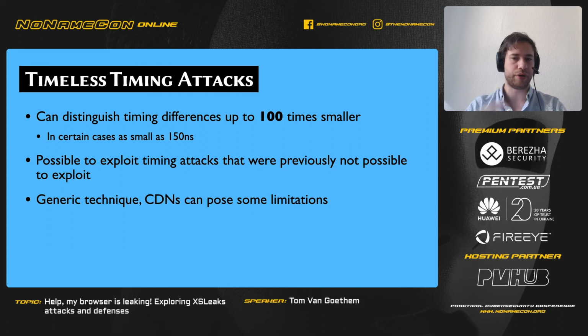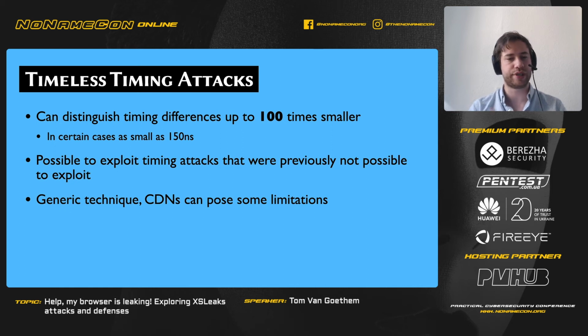So why would we need these timeless timing attacks? The interesting, exciting thing about it is that it can distinguish timing differences up to 100 times smaller. This means these timing attacks are approximately 100 times better than the typical timing attacks that we know today.